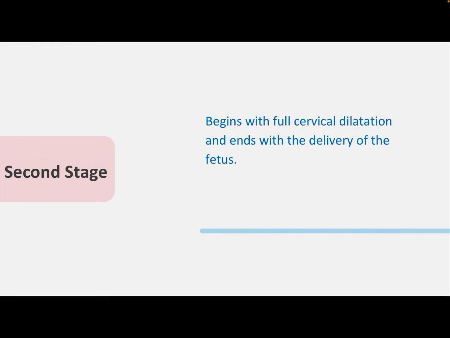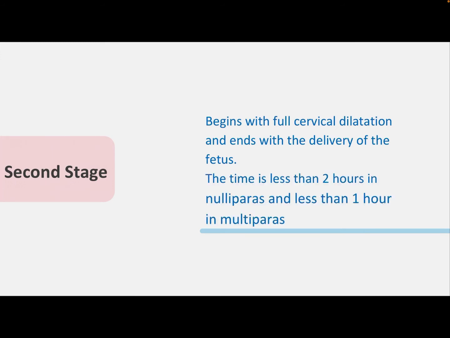Okay, moving forward to the second stage. The second stage begins with a fully dilated cervix, as we said, 10 centimeters, and ends with the delivery of the fetus. The time of the second stage is less than 2 hours in nulliparous women and less than 1 hour in multiparous women.